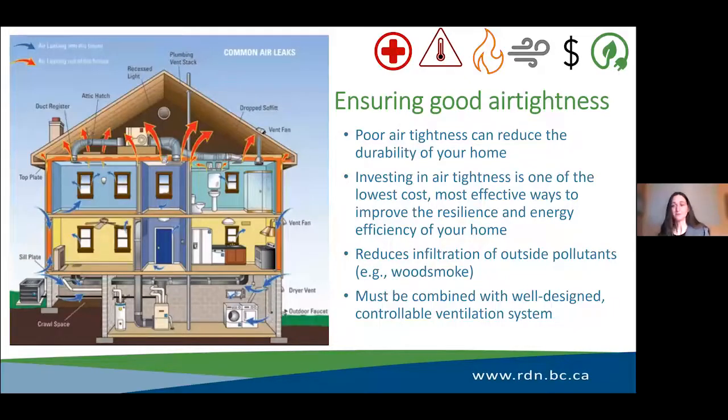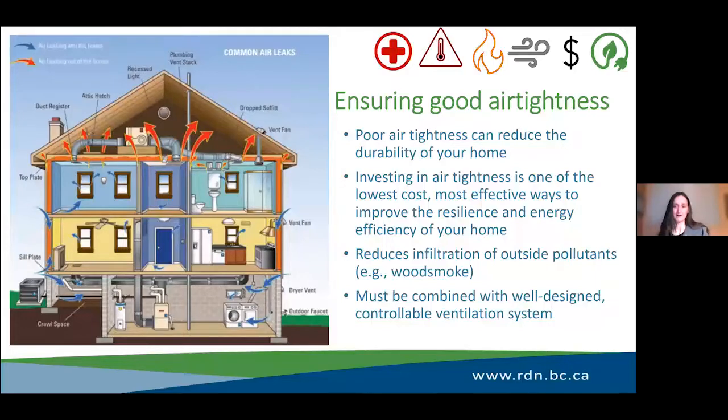There's currently no testing required for air barrier integrity in areas of the province where the step code isn't enforced. And this can result in your home being drafty, and it can make it difficult to protect against things like that wildfire smoke infiltration. When that's coming in through all of the gaps in your home, there's not much you can do about it.